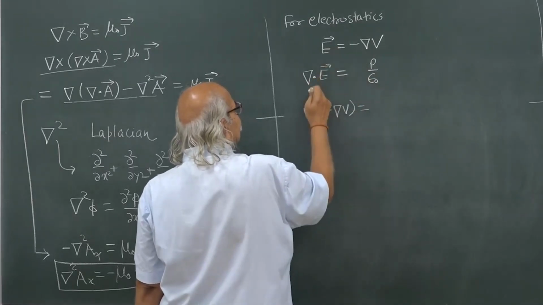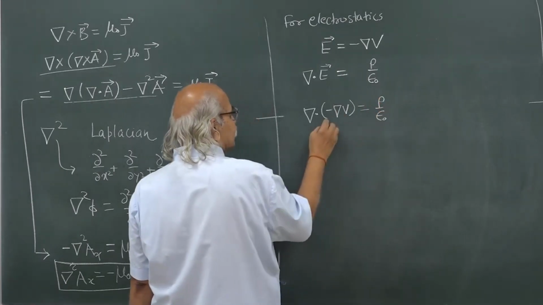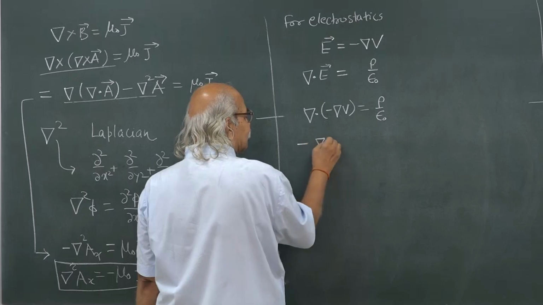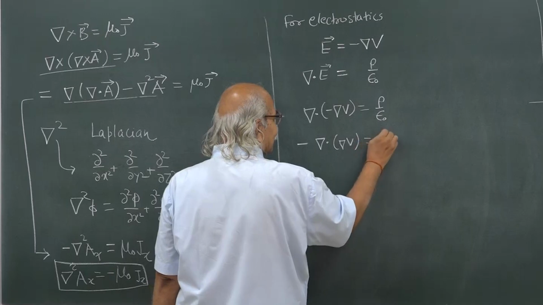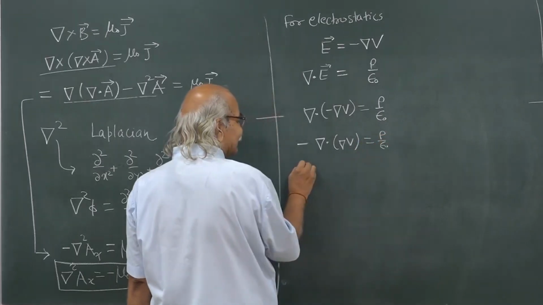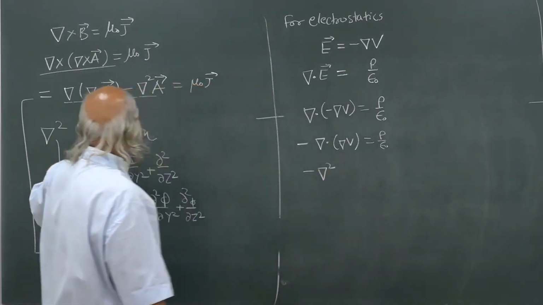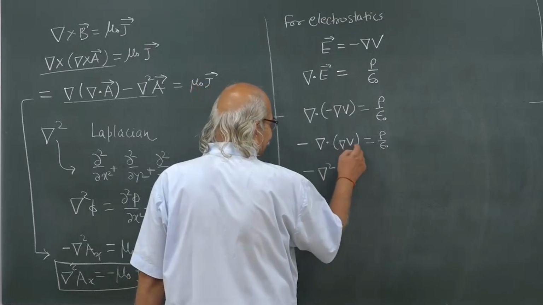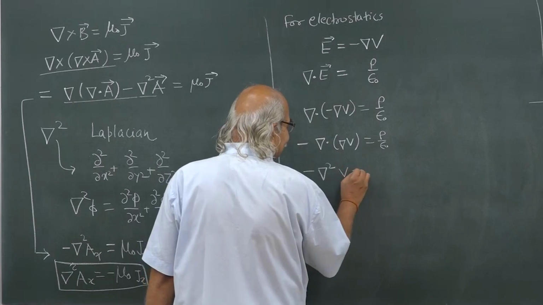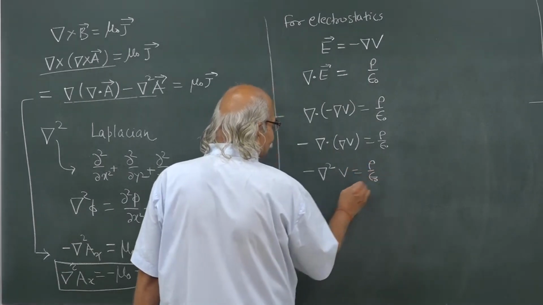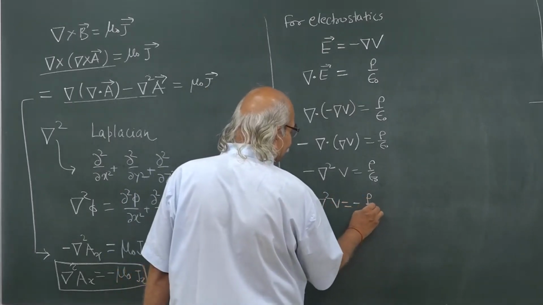So, this divergence of minus gradient V is rho over epsilon naught, and this is now minus divergence of gradient, and divergence of gradient is your del square. Then you will have minus del square V is equal to rho by epsilon naught, or del square V is minus rho over epsilon naught.